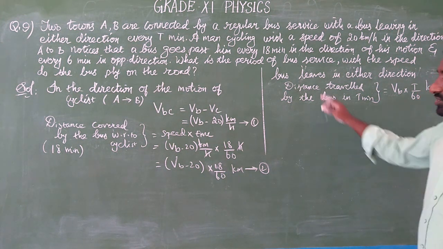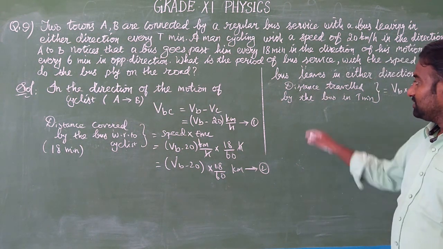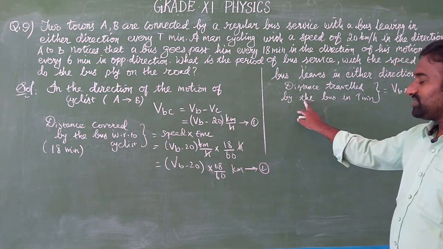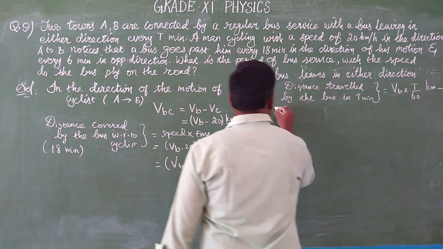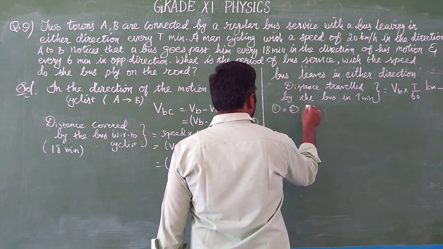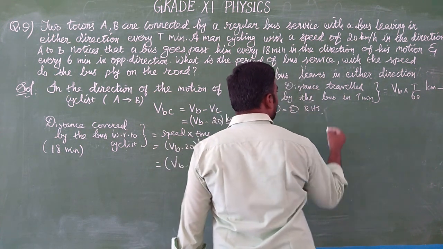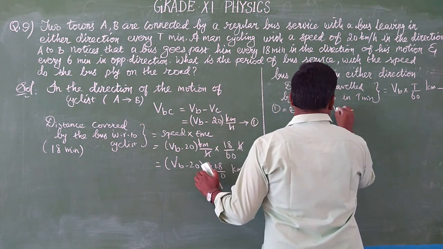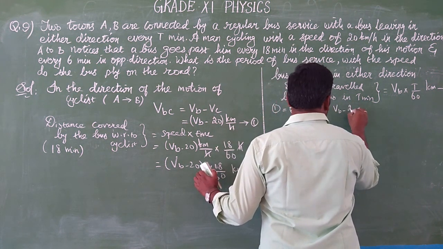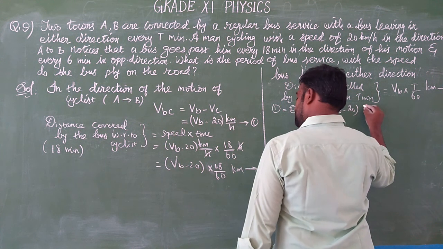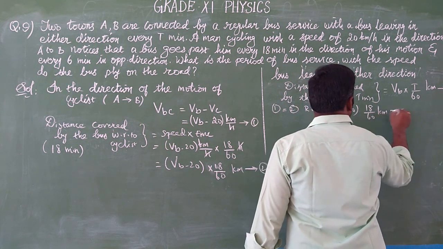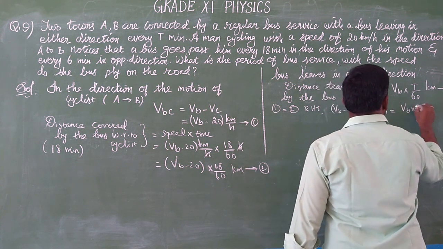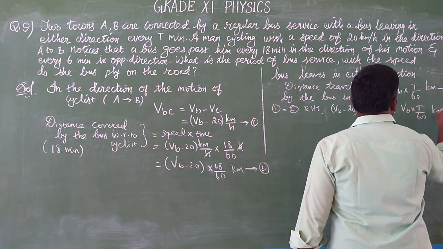Both equations represent the distance. So comparing these two equations, if the left hand sides are equal, the right hand sides are equal. Equating the right hand sides, what will you get? Vb minus 20 into 18 by 60 kilometer, which is equal to Vb into t by 60 kilometer.